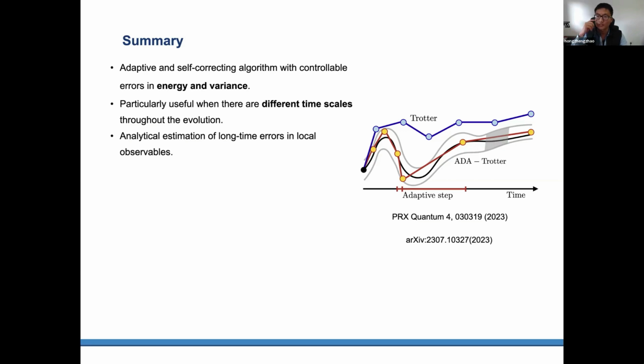If your dynamics is always oscillating, it's kind of meaningless to use our algorithm. But as we know, for generic time evolution, you normally have different temporal behavior. Therefore, our algorithm should perform better than conventional methods.